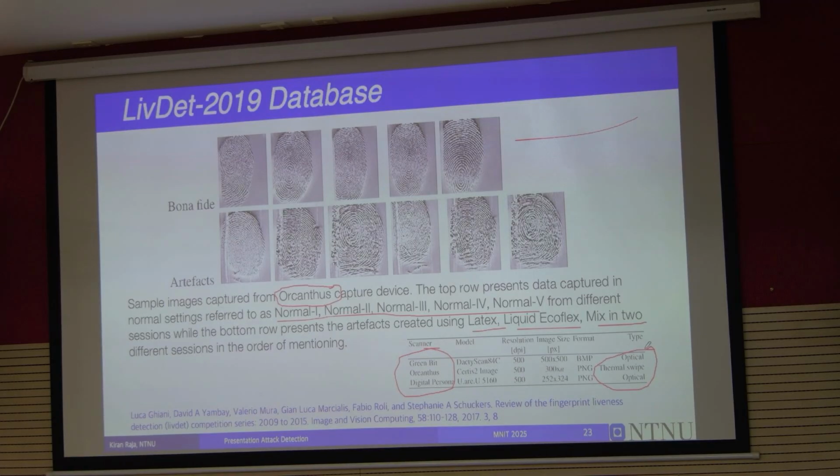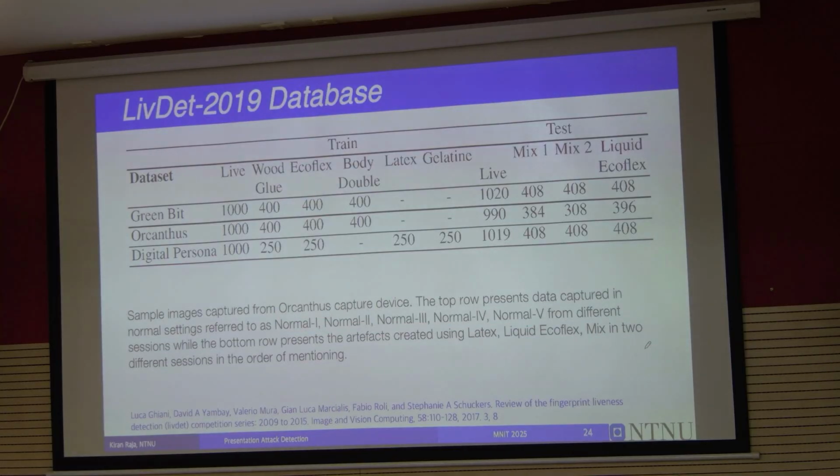And the second one is the thermal swipe, which means that there is a sweep of the finger and then it constructs the fingerprint in the end. So the idea is that the dataset represents quite unique challenges in terms of diversity of capture sensors, diversity of samples, diversity of materials used, and so on.